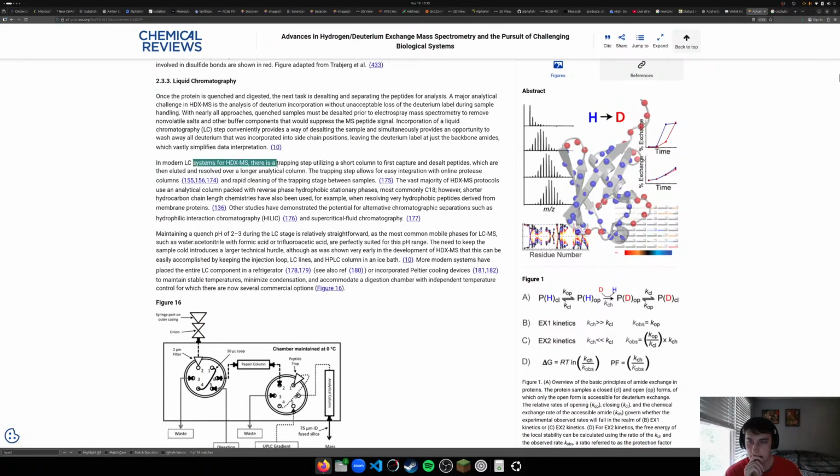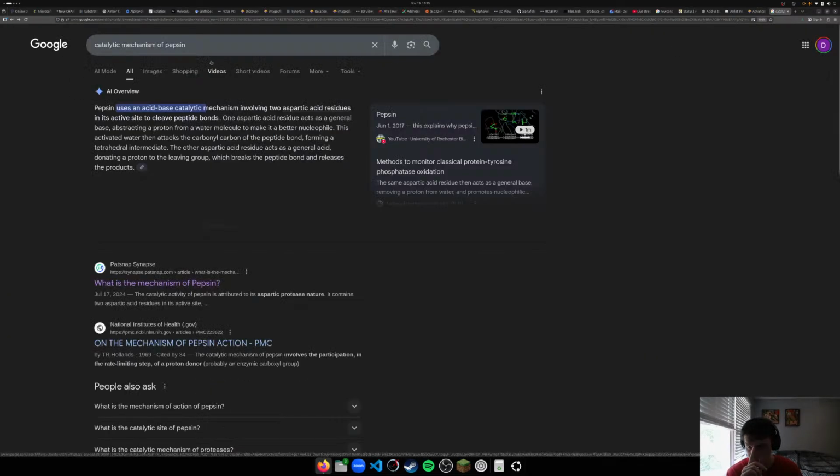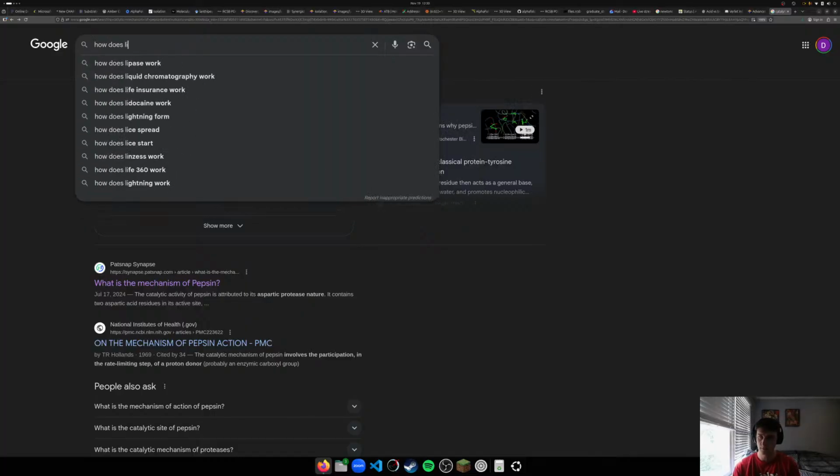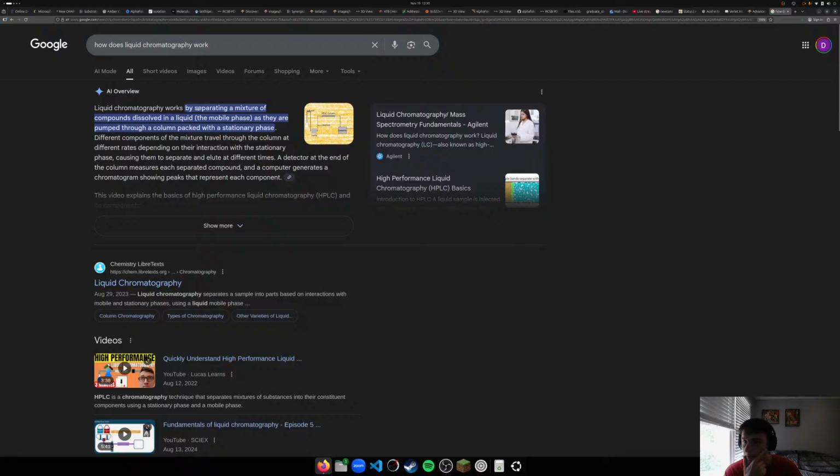So how does it work though? How does liquid chromatography work? Alright. Separating a mixture of compounds dissolved in a liquid, a mobile phase, as they are pumped through a stationary phase. Different components in the mixture travel through the column at different rates, causing them to separate or elute at different times.